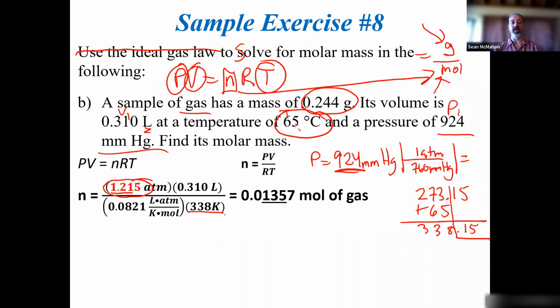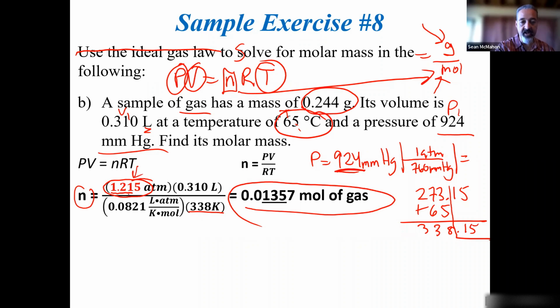Now, I solved for moles. I have moles. My final answer is going to have 3 sig figs. Why? 3 sig figs here, even though right now it's 4, but I didn't want to round. 3 sig figs, 3 sig figs. So I underlined 3 sig figs. This is my moles.